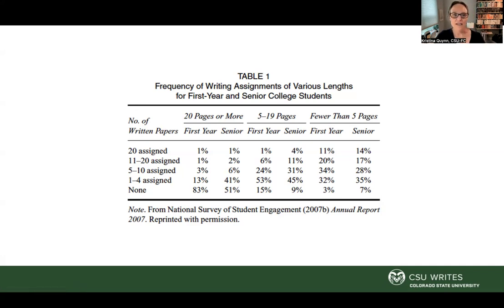And what you see is that for the most part, as you move through the undergraduate experience, at least what they're showing in the National Survey of Student Engagement, is that it's less likely that your first year experience is going to include a paper where you're required to write 20 pages or more. But by the time that you reach your fourth year, finishing up, more than likely maybe your capstone project, there are other things.